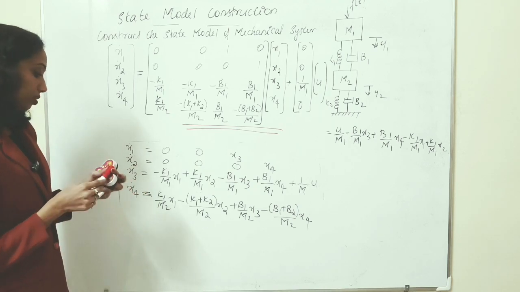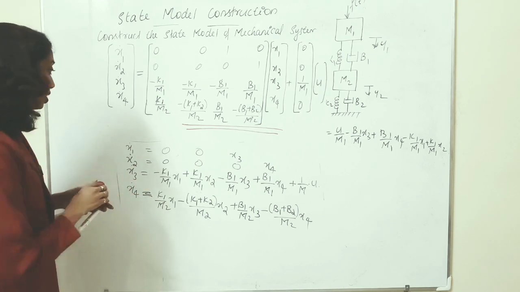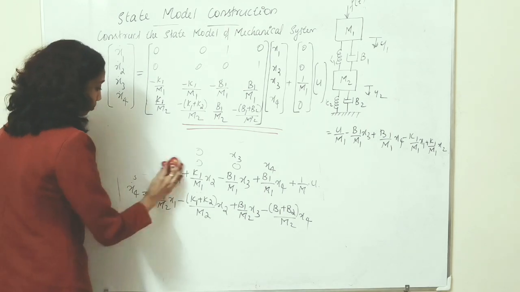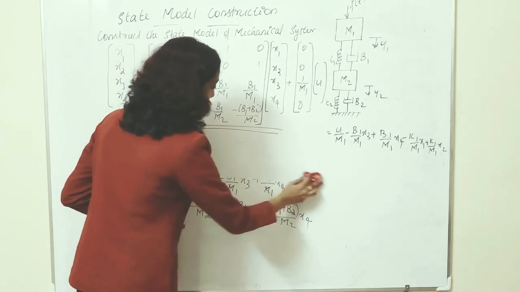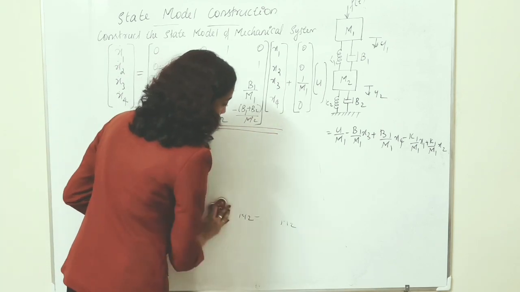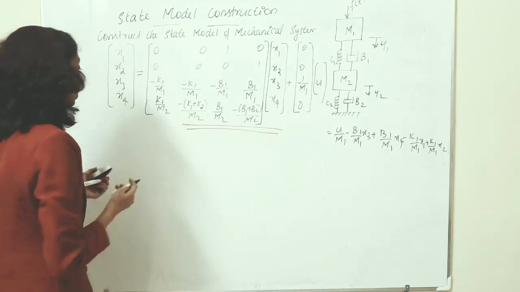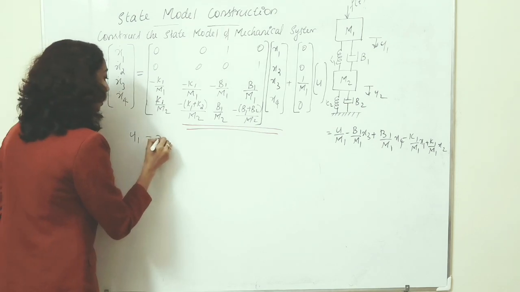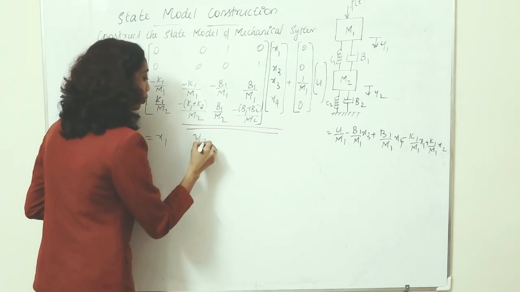Then if you want to write the equation in terms of outputs y1 and y2, you can write it as follows: we have y1 equal to x1 and y2 equal to x2.